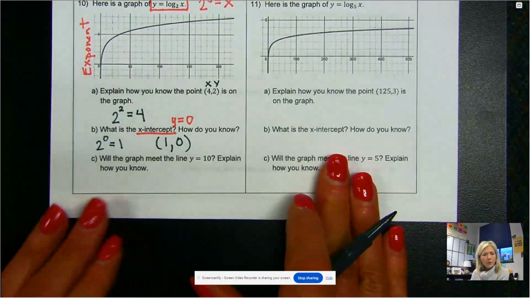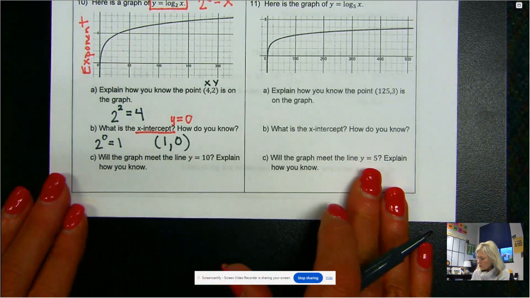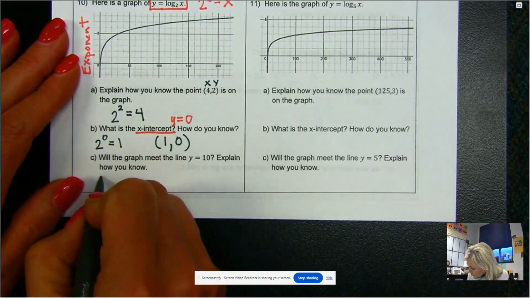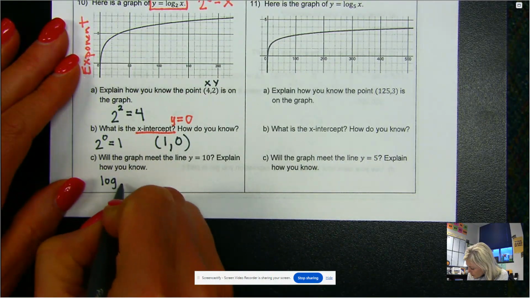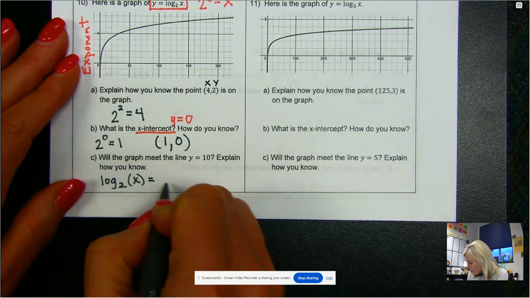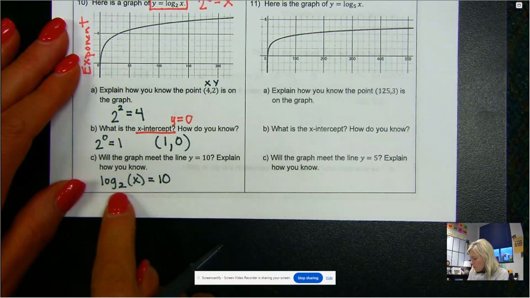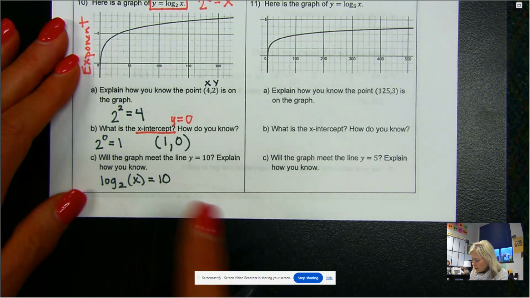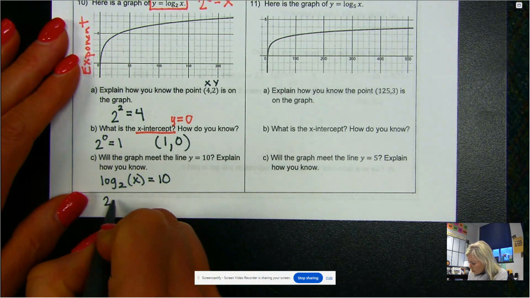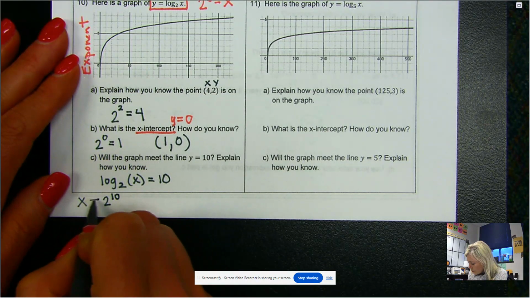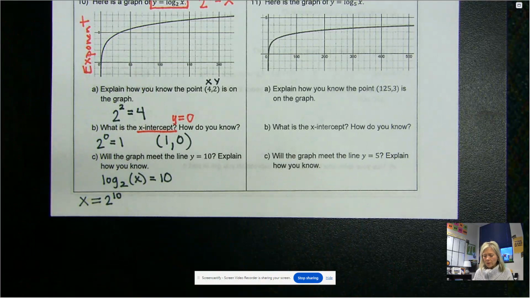And then finally, will the graph meet the line y equals 10? So for the log base 2 of x is equal to 10, remember this is our base, this is the exponent. So 2 to the 10th is x, right?